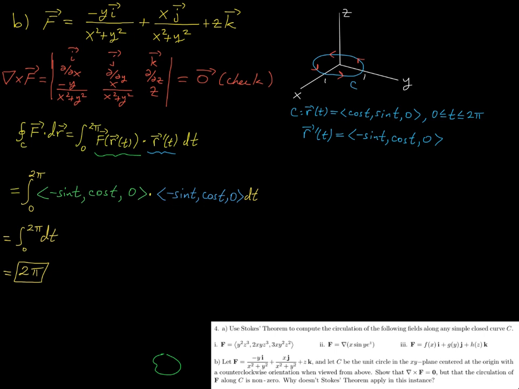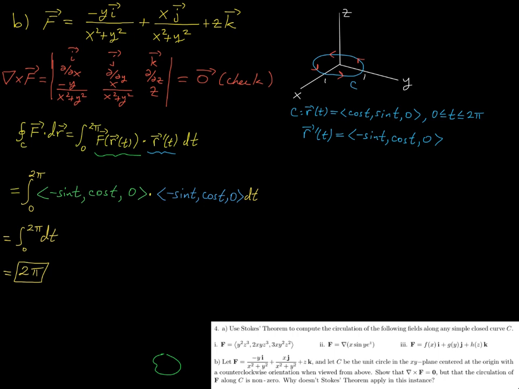All right, and then for the tangent vector, that's just minus sine, cosine, 0. So these are in fact the same vector. You dot them and you just get sine squared plus cos squared, and that's just 1 from the Pythagorean identity. So our line integral here has a value of 2 pi.